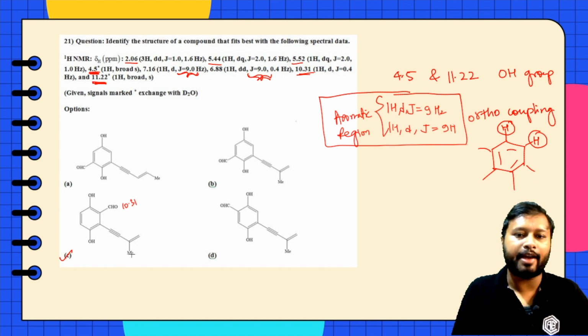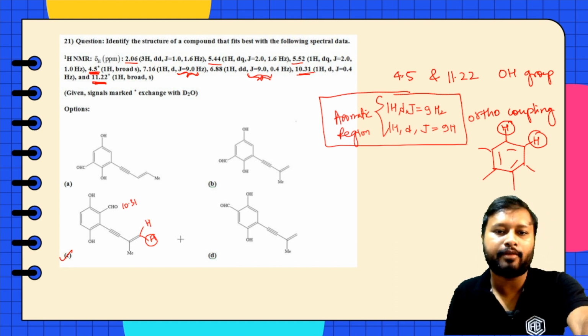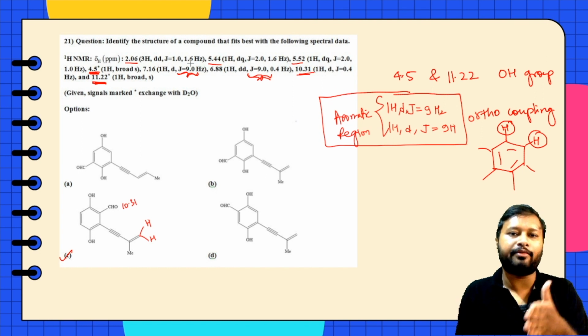This is methyl. Now why is it giving you a doublet of doublet? Because this is coupling with this hydrogen as well. This is coupling with this hydrogen, and this is also coupling with this hydrogen. So cis coupling and trans coupling, both of them are happening, and that's why you are getting two different J values. For cis coupling you are getting J equals 1.6, and for trans coupling you have J equals 1.0.